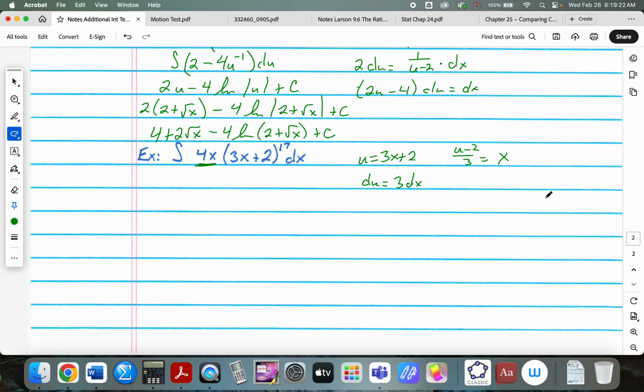And if you want to take the time to write it as 4x, this would be 4/3 of u minus 2 is equal to 4x. And if you want to go ahead and get dx by itself, this now would be 1/3 du is equal to dx.